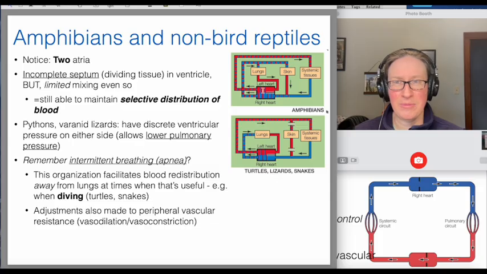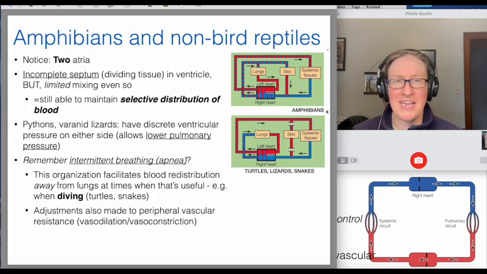So a three-chambered heart overall. In the ventricle, there is an incomplete septum or incomplete dividing tissue. But even with that incomplete division, just like with the lungfish, there's only limited mixing. And what this collectively means is that it's still possible to maintain a selective distribution of blood.